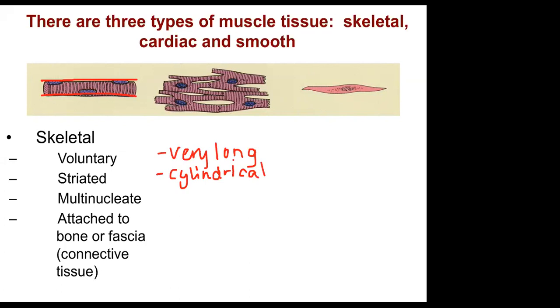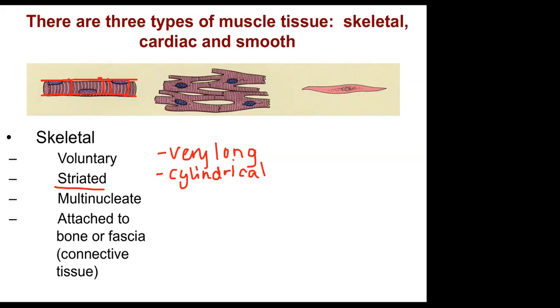If we look inside of the muscle cell in this cartoon here, you'll notice that there are these line patterns. I'll highlight a few of those. These line patterns are called striations. These striations are actually reflecting the organization of proteins inside of the muscle cell. When we look at it through a microscope, they look like stripes, so striations. We'll actually be talking about the organization of the protein next week.